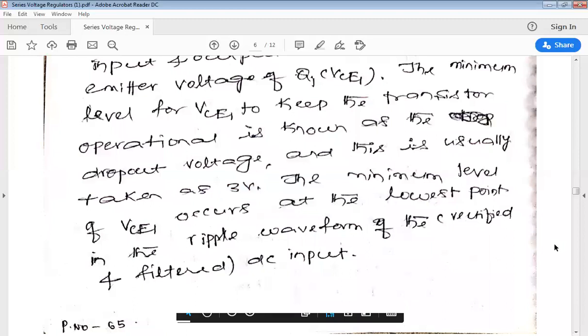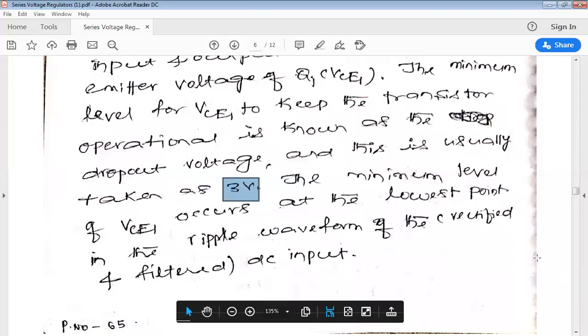As I considered in the previous case, the total voltage drop across the transistor is VCE into IC. The voltage drop across the series pass transistor is 3 volts. Here we are considering 3 volts.